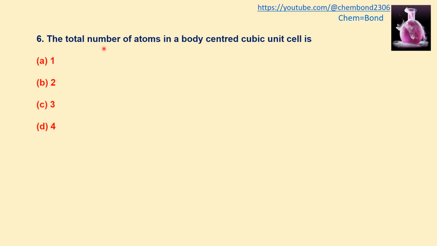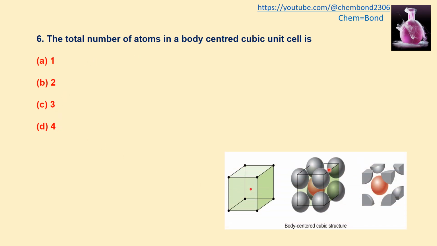The total number of atoms in a body centered cubic unit cell is 1, 2, 3, or 4. If we look at the body centered cube, the cube has 8 corners and an atom is located at each of these 8 corners, and in the body centered cube one atom is present in the center of the cube.